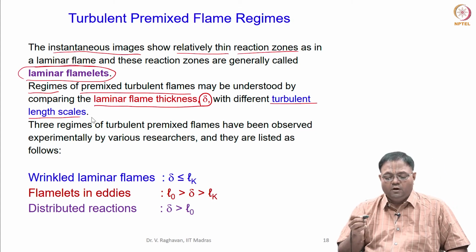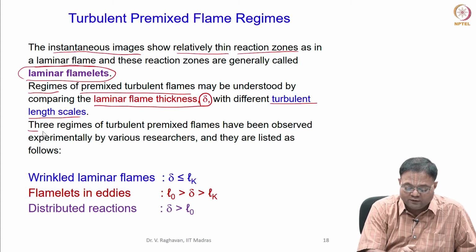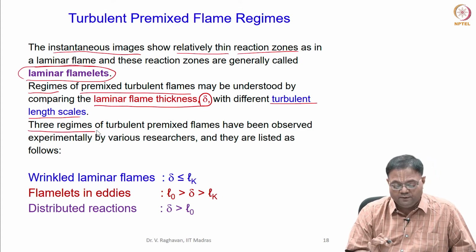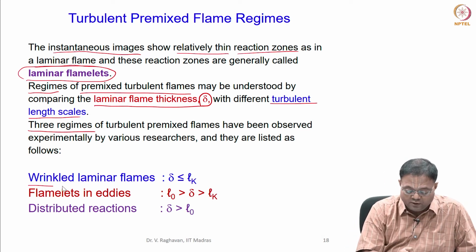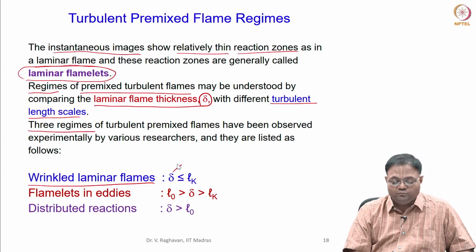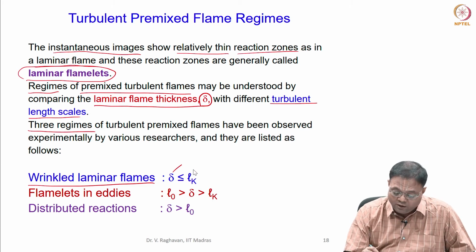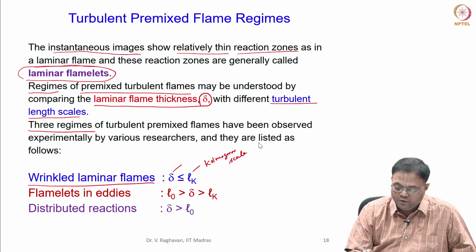So for example, the regimes are presented here. We will see three regimes, as observed by several researchers. The first regime is called wrinkled laminar flames, in which the laminar flame thickness is less than the smallest length scale, the Kolmogorov scale. Okay.